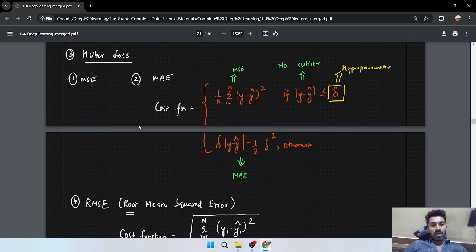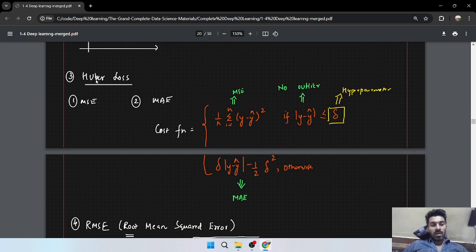Now coming to MSE, or we can say the Huber loss. The Huber loss formula is something like this: 1 by n, summation of i equal to 1 to n, of (y minus y predicted) squared, if |y minus y predicted| is less than or equal to delta. Delta is basically a hyperparameter.